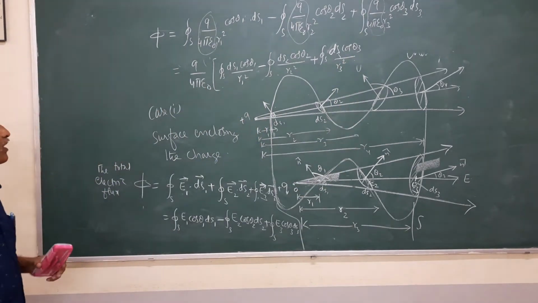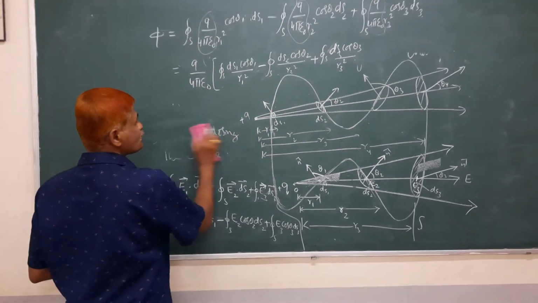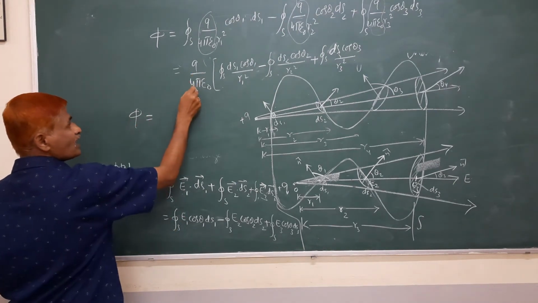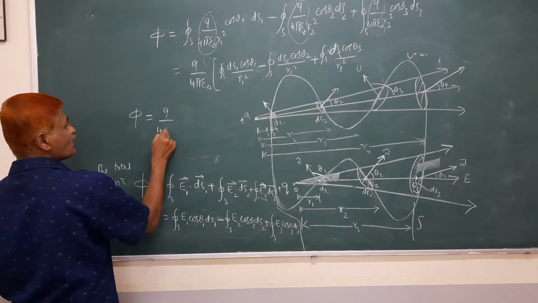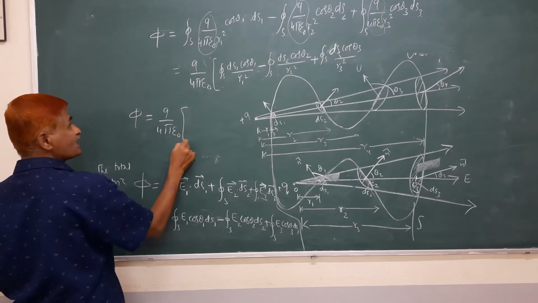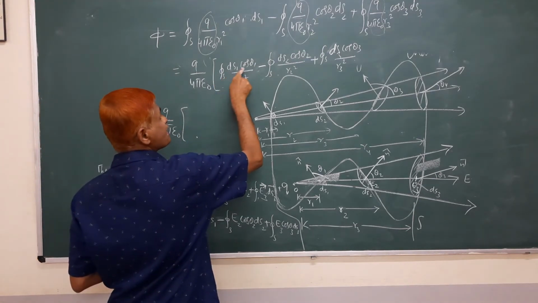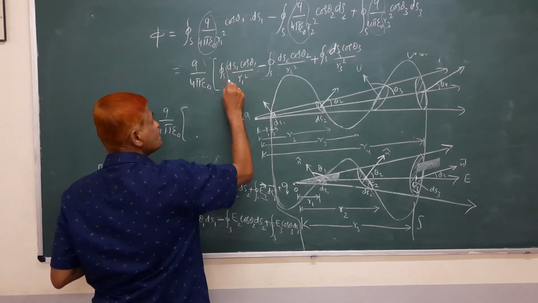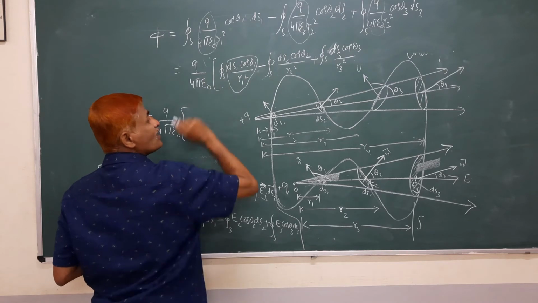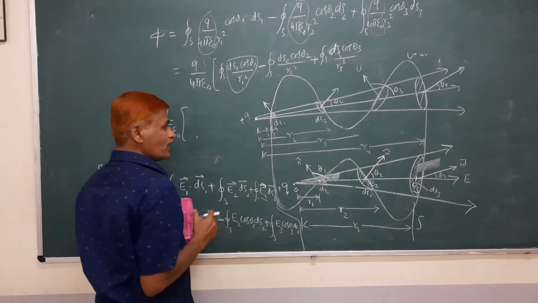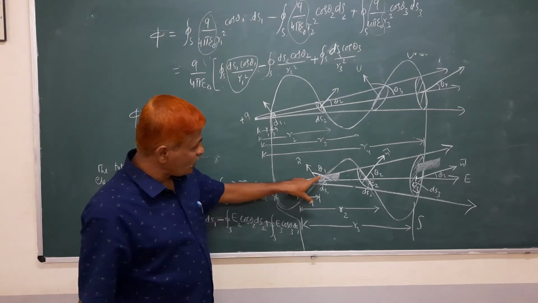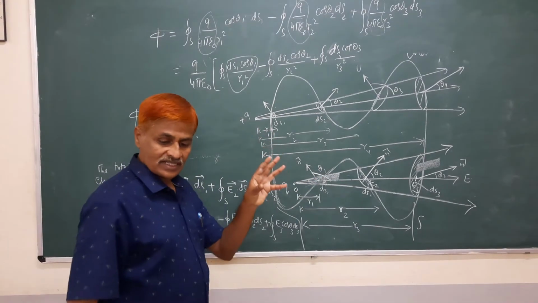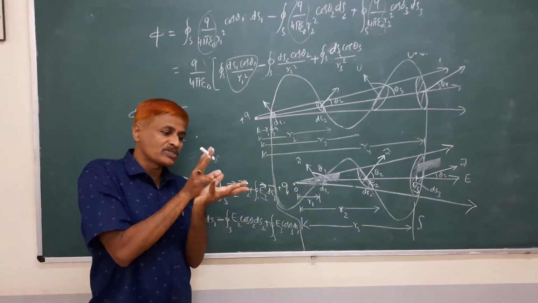Okay. So now, if you write this flux, this is common, and if you take this term, ds1 cos theta 1 by r square, this is nothing but the solid angle. Ds cos theta by r square, d omega, gives the solid angle.